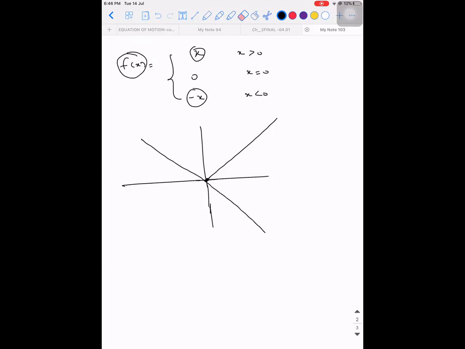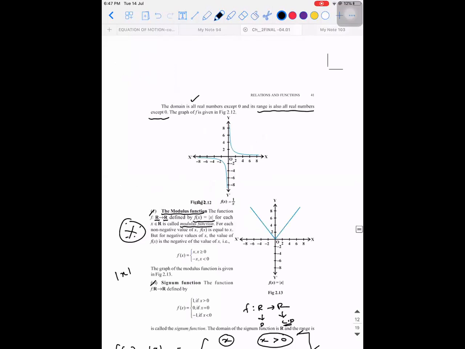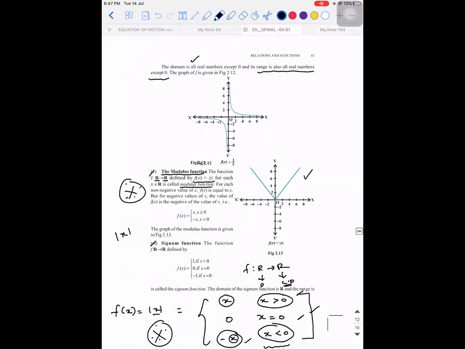So what should I remove? I should remove this part. That is why, if you observe the graph of modulus of x, it looks like this, where this angle is 45 degrees, this angle is 45 degrees, and this angle is 135 degrees. Now clear? Yes, sir. That is why the graph given here is like this. Okay. The next type of function is called the signum function.